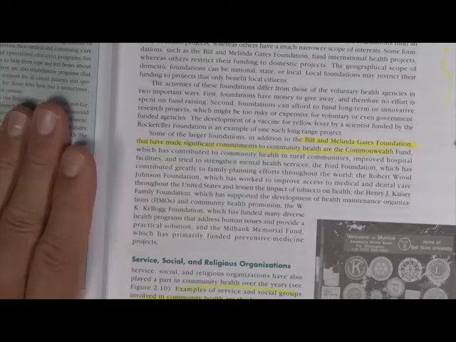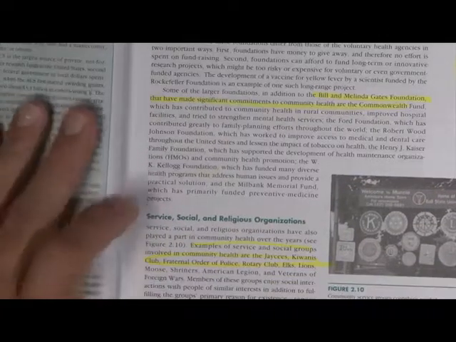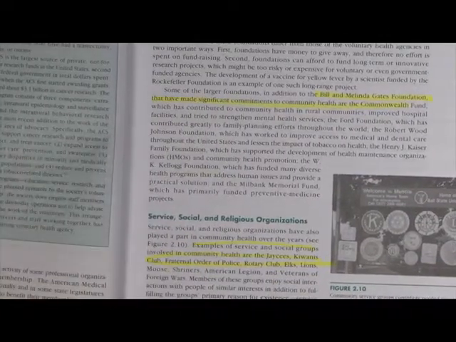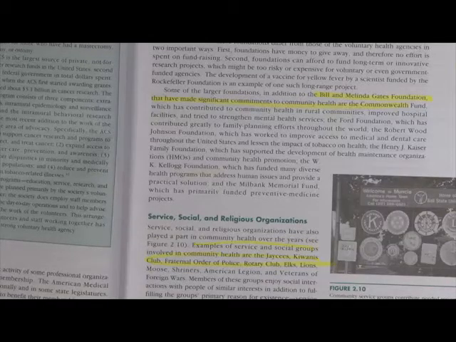The premier example there is the Bill and Melinda Gates Foundation, who have been investing more in international health than the World Health Organization recently. So that's the philanthropic foundations. And then at the bottom of 57, we get into the social religious organizations. And the examples here are the Kiwanis and the Rotaries and Elks.